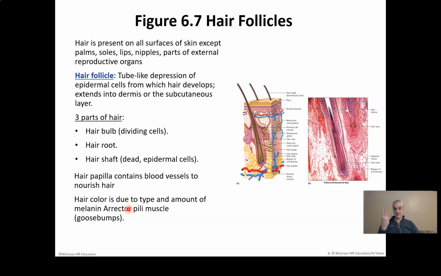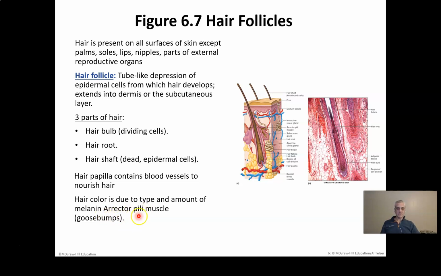When we get to muscles, we'll find out there are three kinds: skeletal muscle, cardiac muscle, your heart of course, and smooth muscle. And smooth muscle is under the control of the autonomic nervous system for the most part.